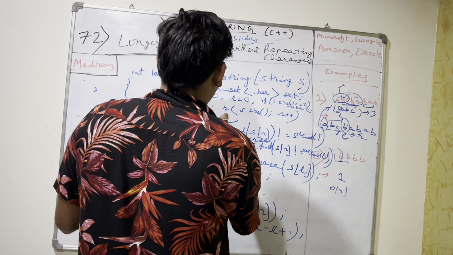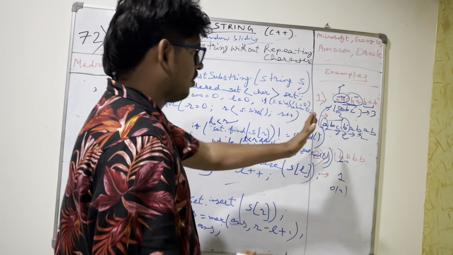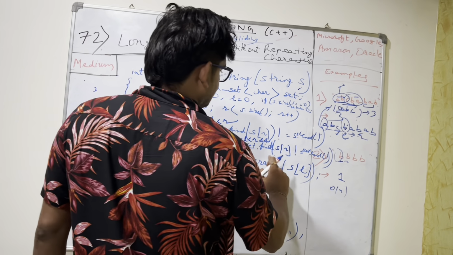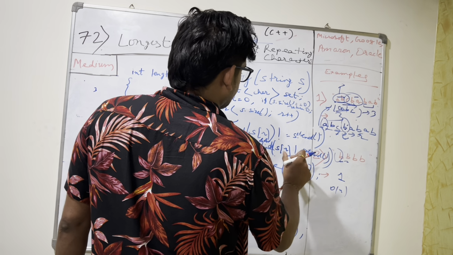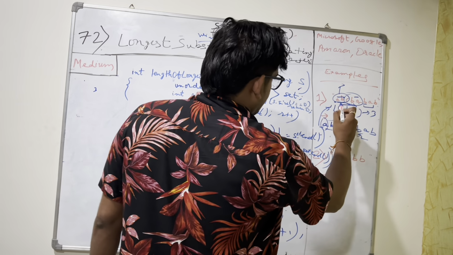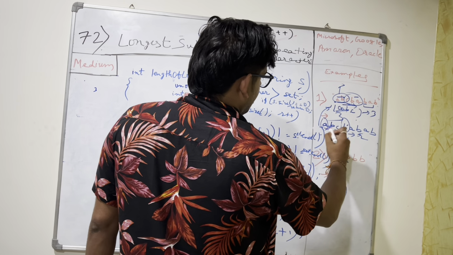L has to be less than R. The left window has to be lesser than the right window, right? It can't cross this. Okay. And if it is not found, suppose we have here A, B, C. A has been removed.